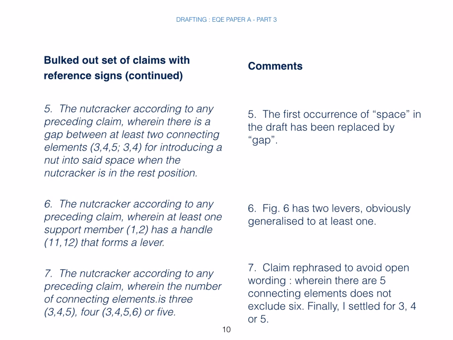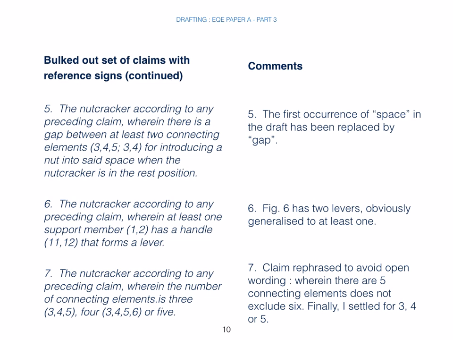Claim 5 is the Nutcracker according to any preceding claim, wherein there is a gap between at least two connecting elements 3, 4, 5 for introducing a nut into said space when the Nutcracker is in the rest position.